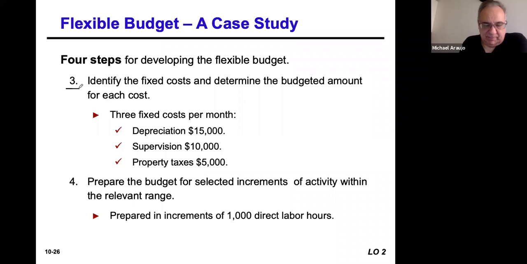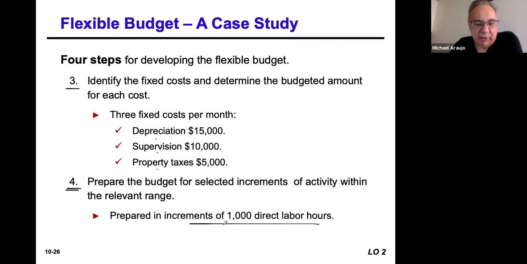Fixed costs. Well, here they have three fixed costs per month, and they're not going to change: depreciation, supervision, property taxes. They're the same. And then here it's going to ask us to prepare the budget in increments of 1,000.